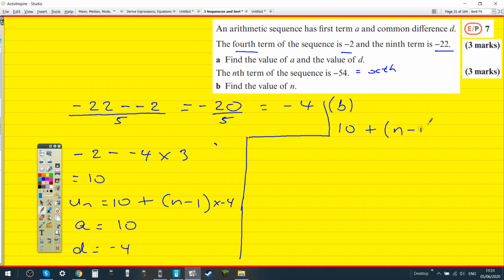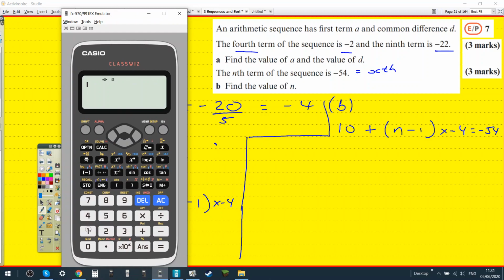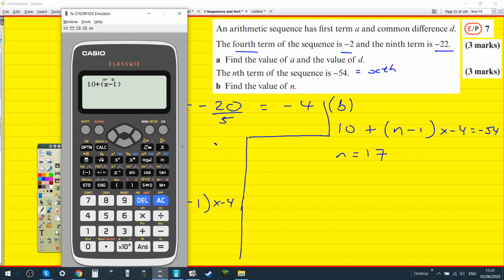Okay. I want to do the same thing. I got that n is 17. N equals 17. So that's basically the 17th term.